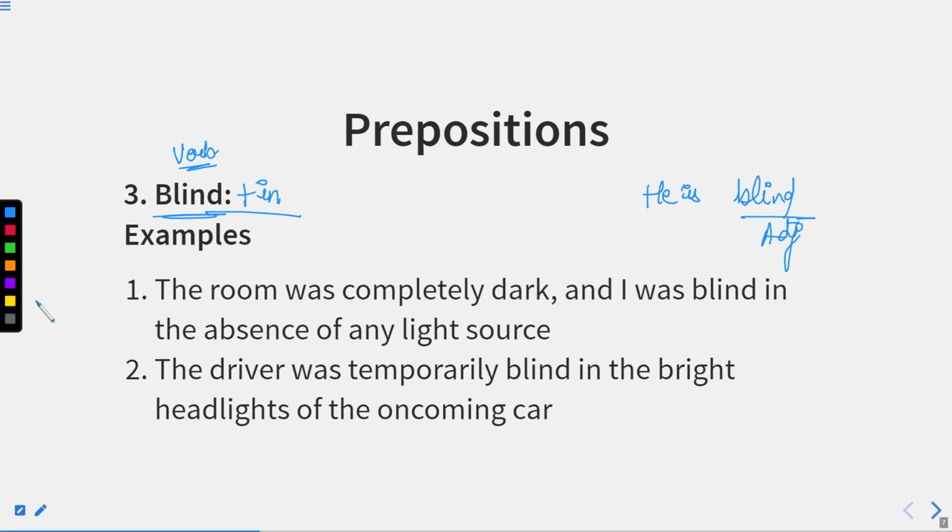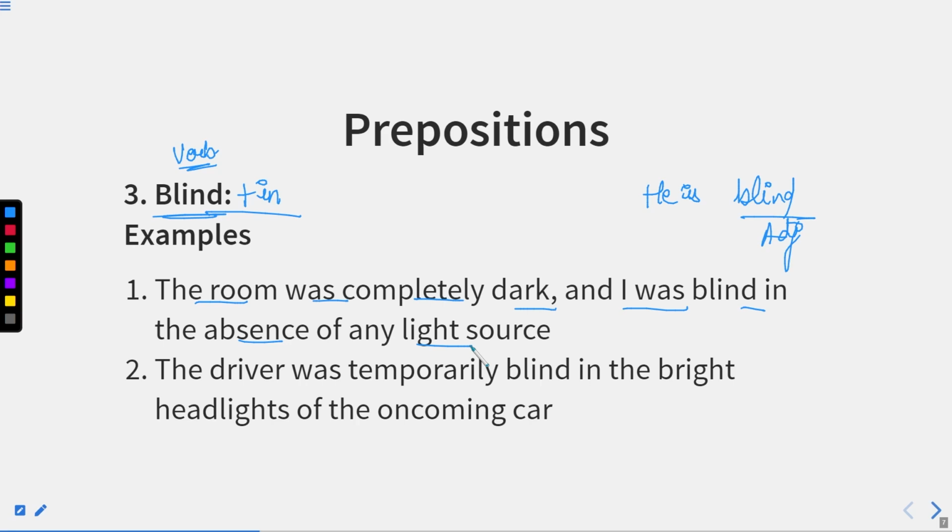Now, how can we use such phrase in a sentence? Let us have a look over the examples. The room was completely dark. I was blind in the absence of any light source. It means because the room was dark, I was temporarily blind because I could not see anything. So, here blind in refers to could not see at that time.